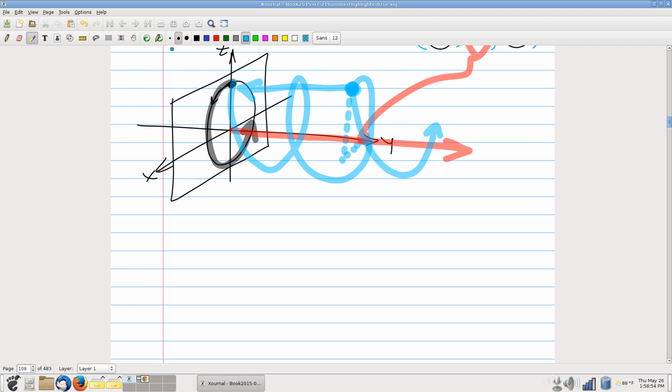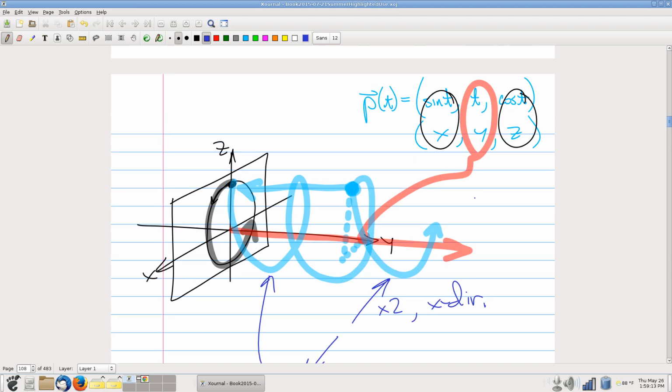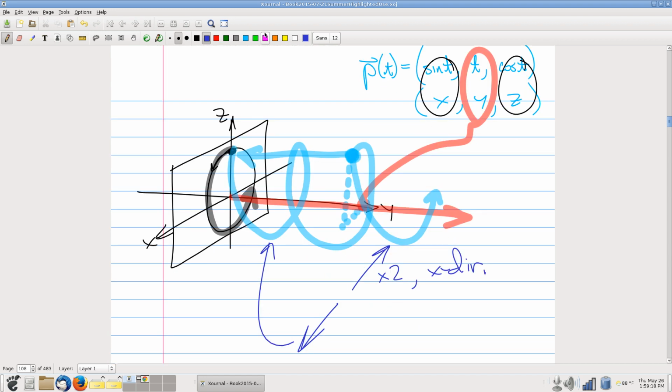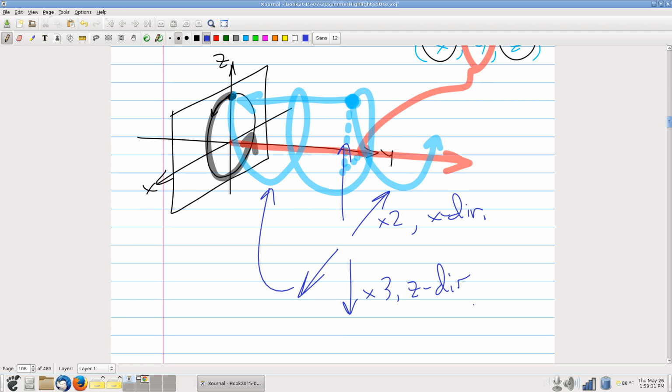So you could say, for example, that I'm going to take this curve here, and we're going to stretch by 2 in the x direction, and then we're going to stretch by 3 in the z direction. And then just take a whack at drawing the result.